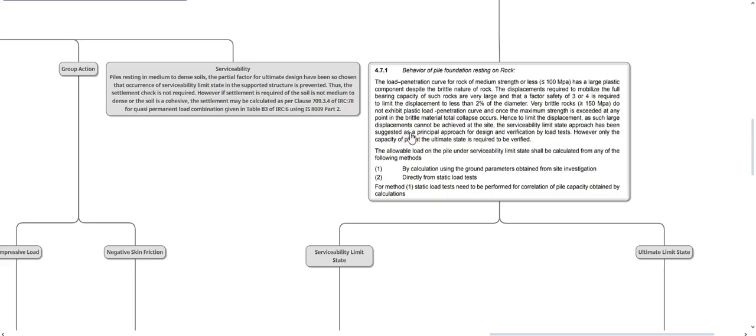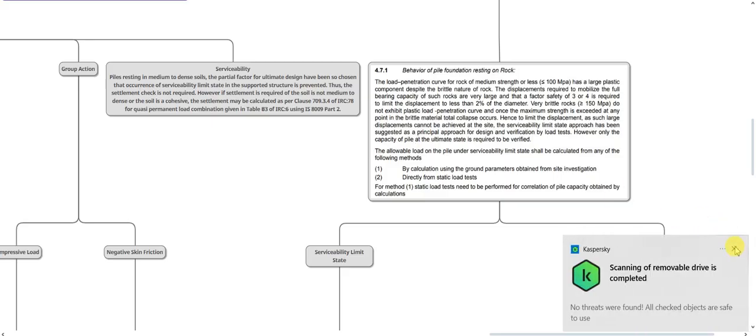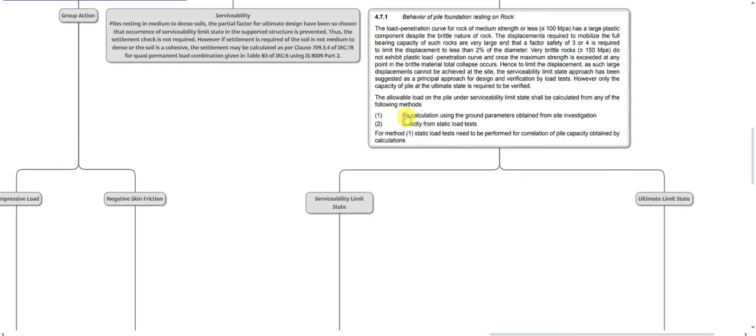What we saw in piles resting on soil was that the ultimate limit state was governing and the serviceability limit state was following. In this case, the condition is reversed. Now, the serviceability limit state is the governing case, and the ultimate limit state is the following case.